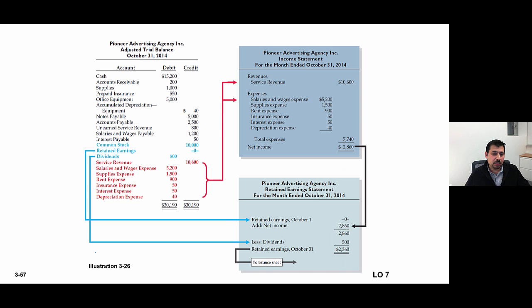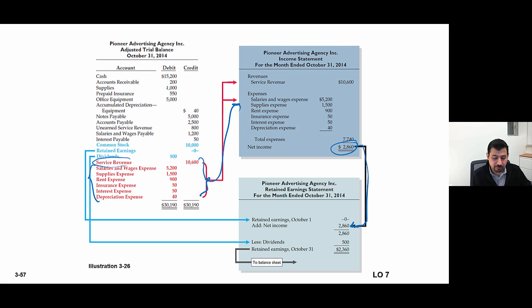And like we discussed before, we always start with the income statement. We take the revenues and the expenses. So these are the revenues, and we take all the expenses and we use them to prepare the income statement. Once we calculate the net income or net loss, we add it and use it for the retained earnings.